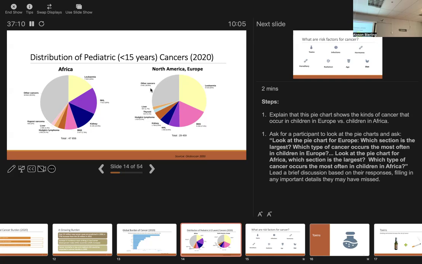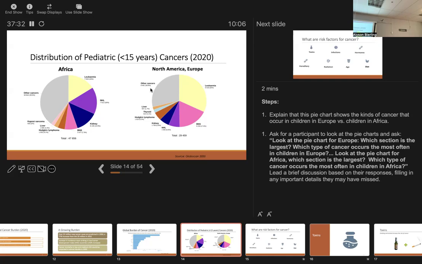Yeah, okay. So difference in genetics, difference in exposure related to lifestyle. Good. Anything else? There's another really significant reason.